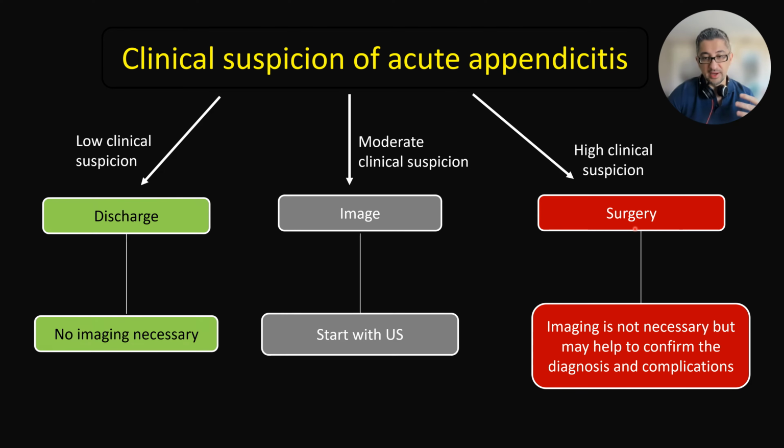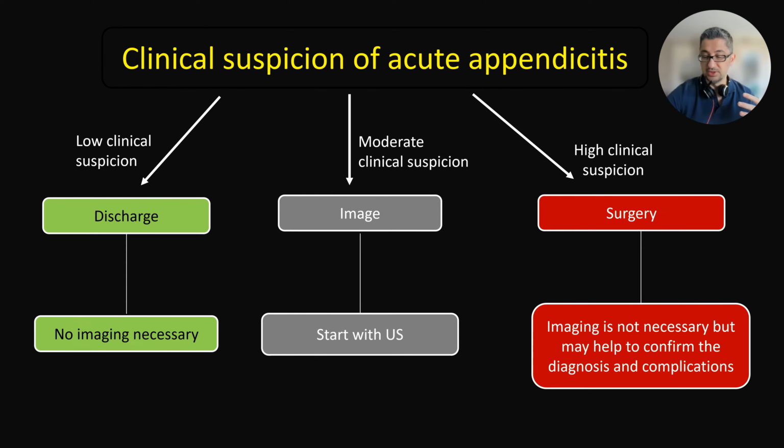When there is a high clinical suspicion, the patient goes to surgery. Imaging is not necessary but may help to confirm the diagnosis or the complications of appendicitis. But imaging is particularly important in the group with moderate clinical suspicion. In this group, we need imaging and we should start with an ultrasound.